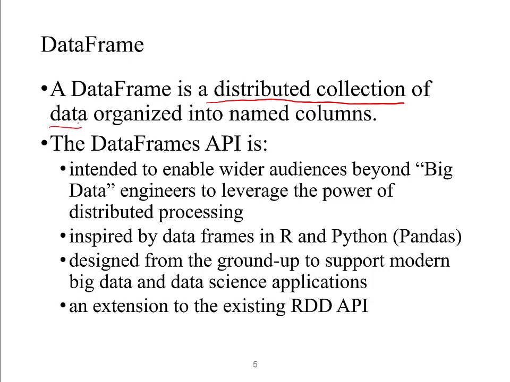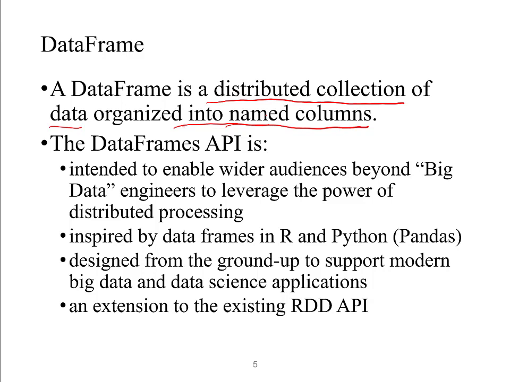It's a collection of data, definitely. It is organized into named columns. We will discuss this part later. But for now, just keep in mind that there is something strange here. I mean, what are named columns? What does this sentence mean? We will discuss it later.